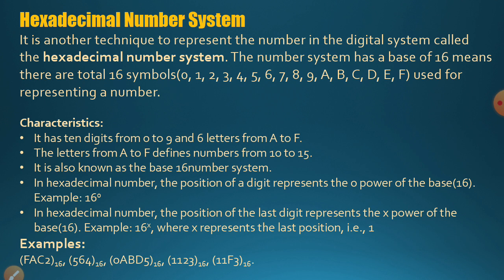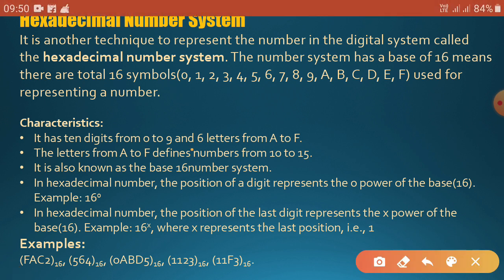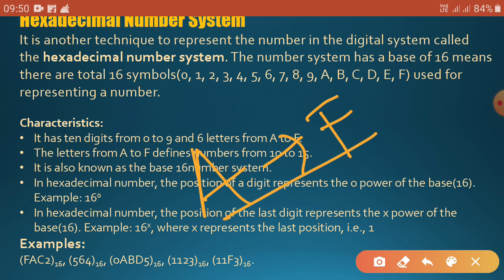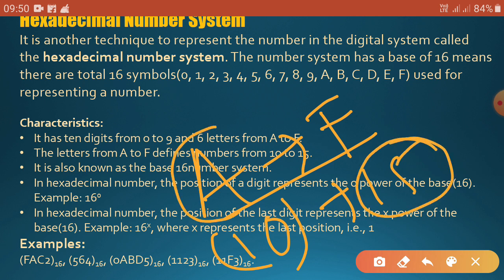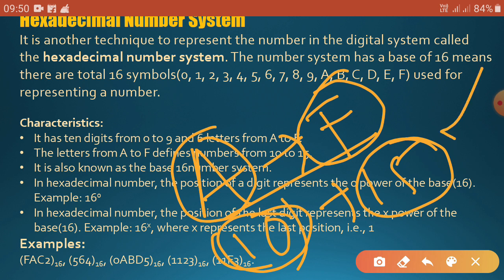The capital A to capital F alphabets represent 10 to 15. That means A represents 10, F represents 15, and all the alphabets in between represent the values between 10 and 15.